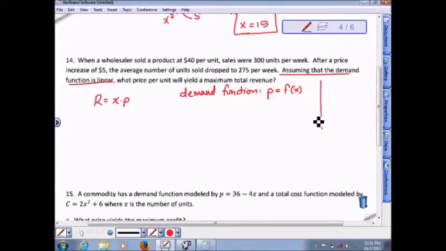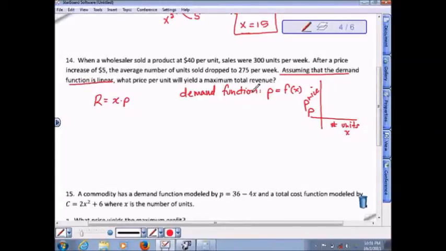Now the way demand function is set up on a graph is the vertical axis here is the price, and the horizontal axis is the number of units. So the price is represented by lowercase p, number of units is x.